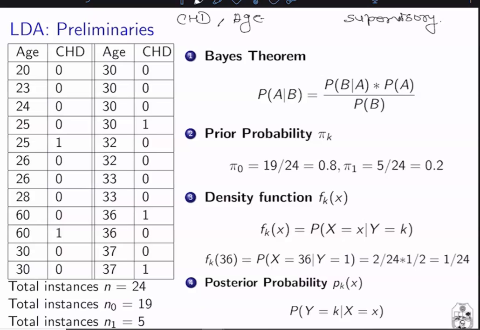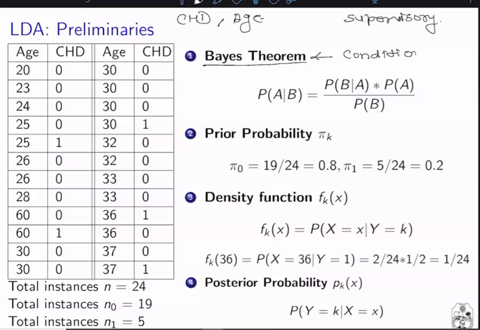The linear discriminant analysis algorithm works on the Bayes theorem and on many concepts from probability theory. We are going to review the probability theory required to understand the working of LDA. I think you have studied the Bayes theorem in your probability and statistics course, which is nothing but a way to calculate conditional probability.